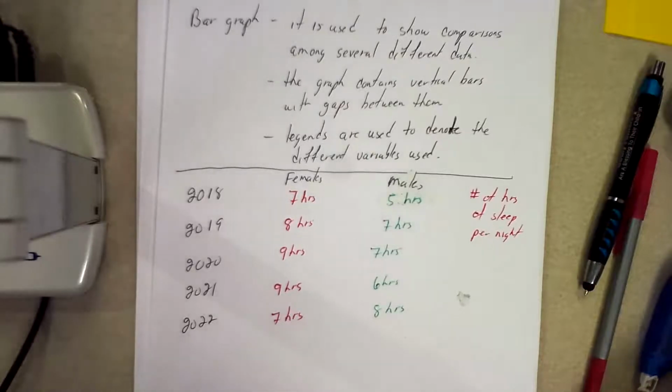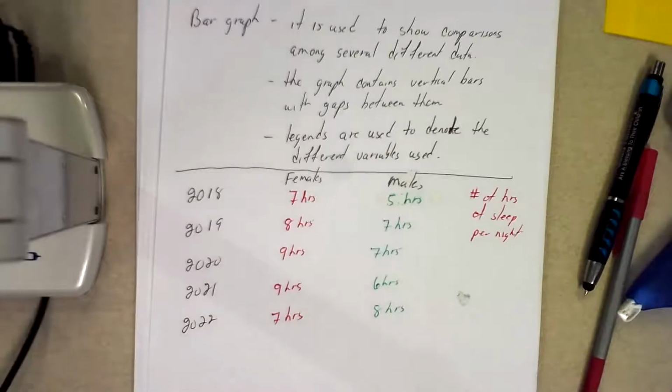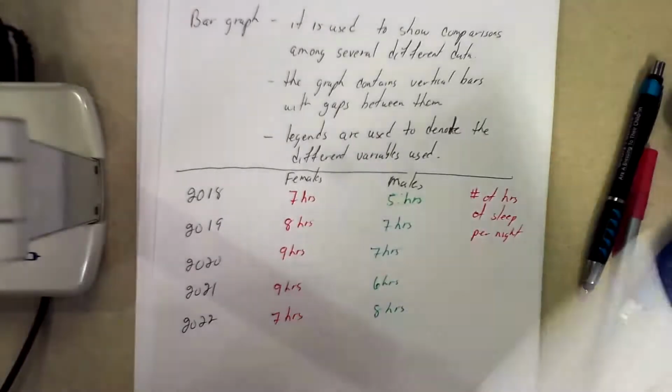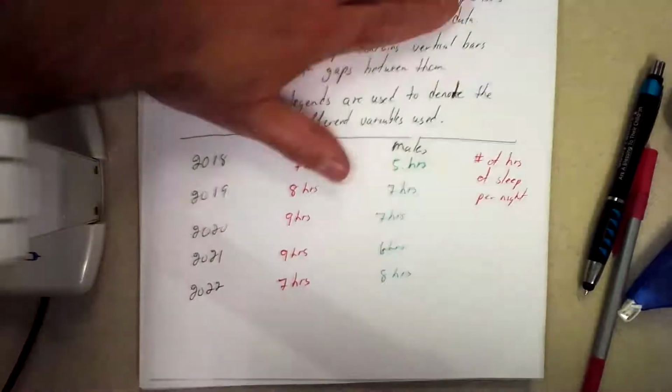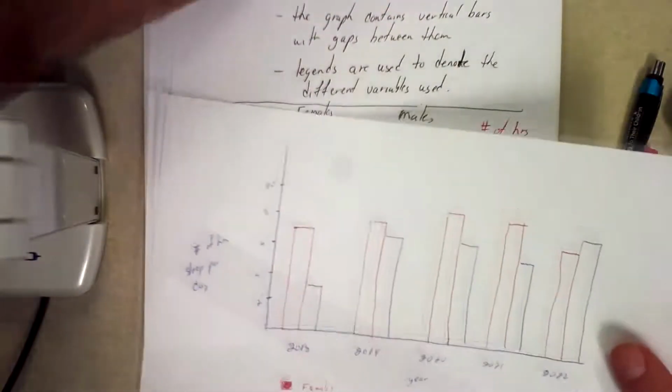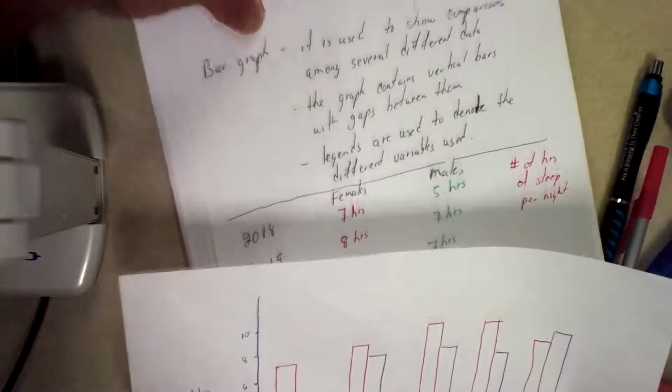We can have Excel graph our bar graph, and I'll show you how to do that in a little bit. So here's my hand drawing of the data. And so here's our data. And here is my hand drawing of the data.